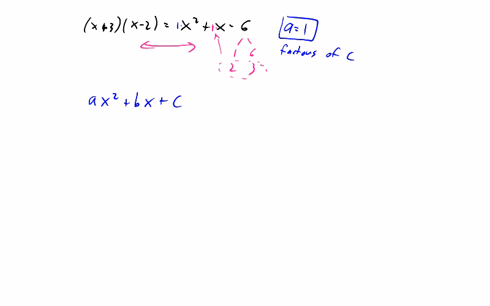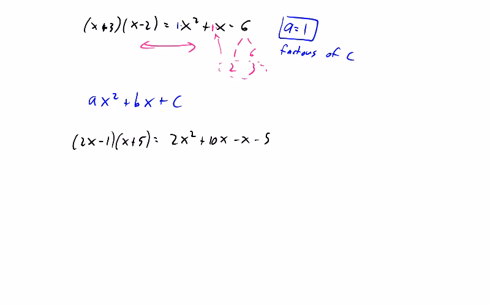Now, if we consider another case, like 2x minus 1 times x plus 5, if we expand that by the usual methods, we get 4 terms, since it's a binomial times a binomial, which are 2x squared plus 10x minus x minus 5.